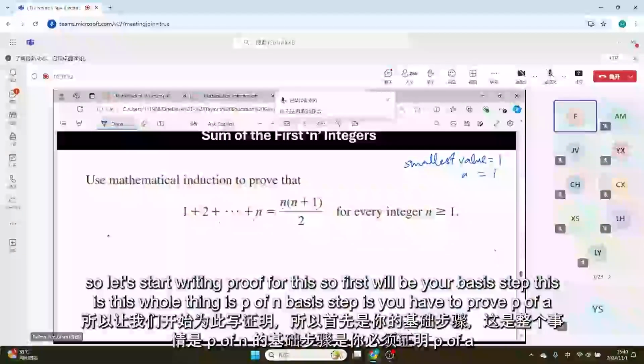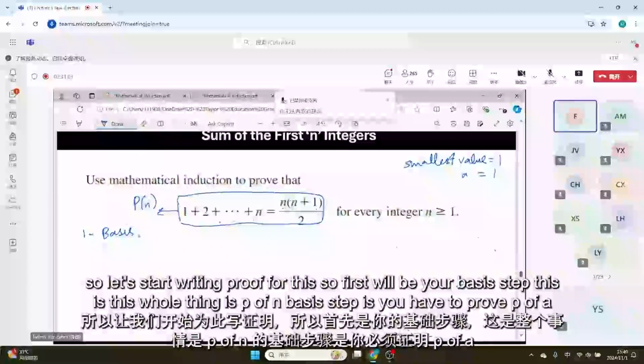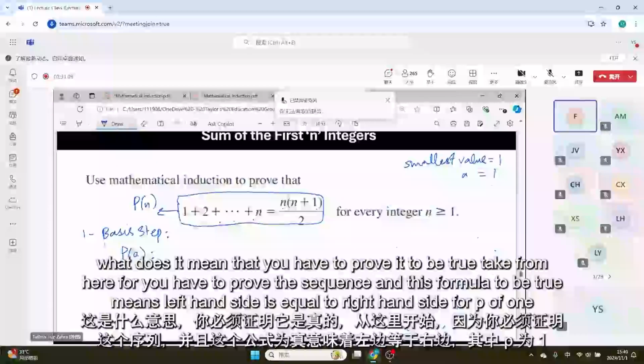So first will be your basis step. This whole thing is P of n. The basis step is you have to prove P of 1. What does it mean? That you have to prove it to be true.